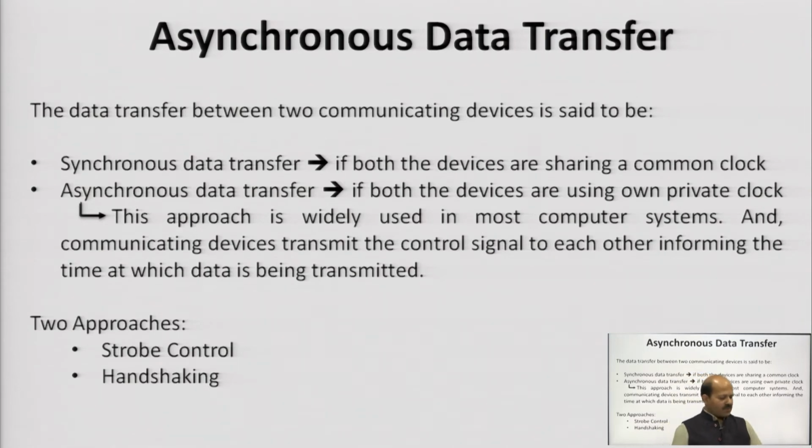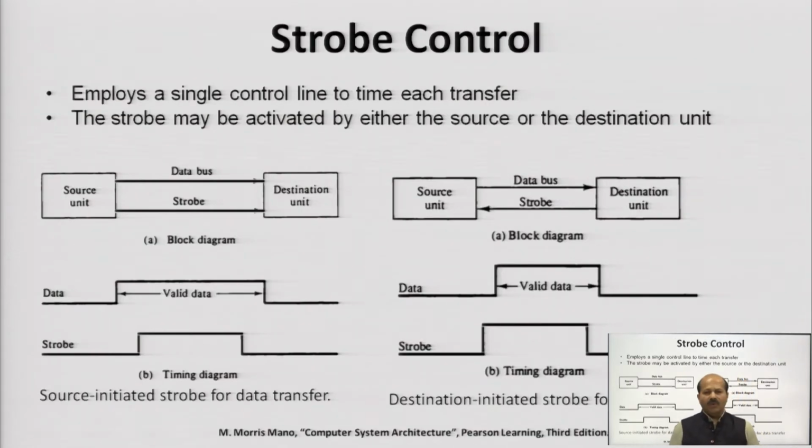In case of strobe control, a control signal will be issued by one device, either source or destination. Data transfer is initiated by some unit, called the source, and the data is received by some unit called the receiver or destination.